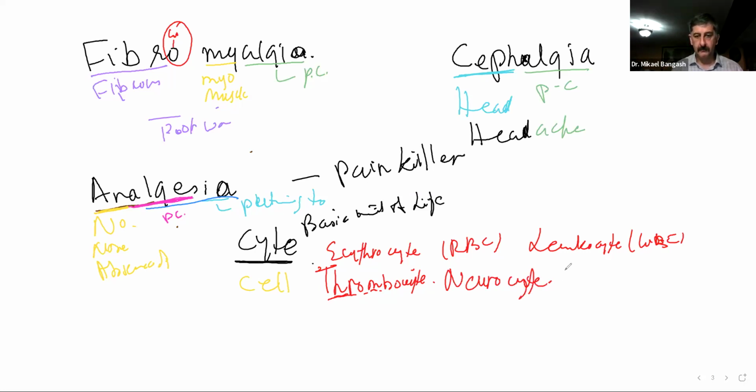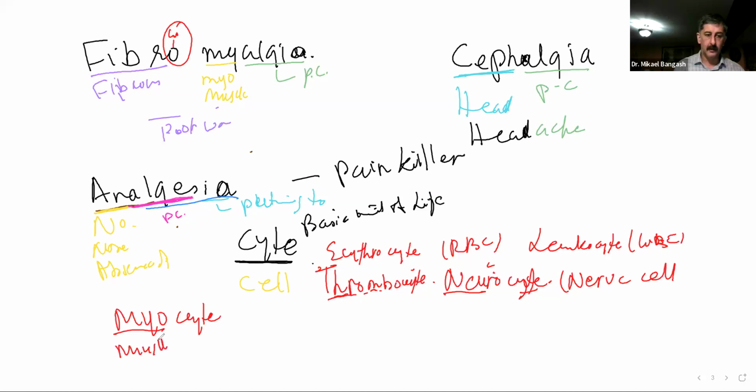Neurocyte just becomes nerve cell, because neuro is nerve, the O here is a combining vowel, and cyte becomes cell. Myocyte, where myo is muscle and cyte is cell, becomes a muscle cell.